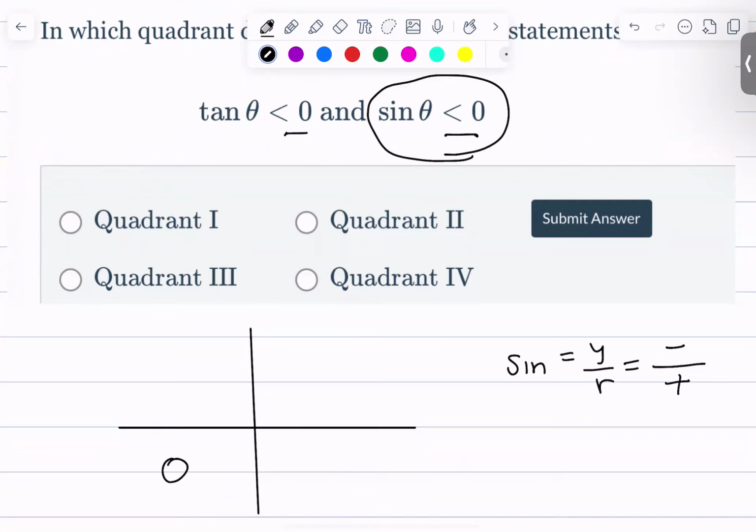Quadrant 3 and quadrant 4. Between those two, I need opposite signs because tangent needs to be negative. So it needs to be quadrant 4 because that's where my x is positive and my y is negative. Okay? Cool.